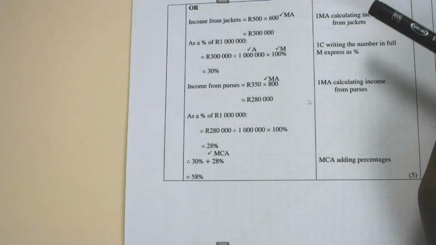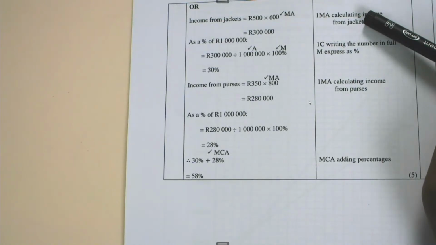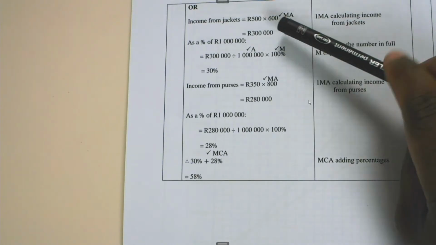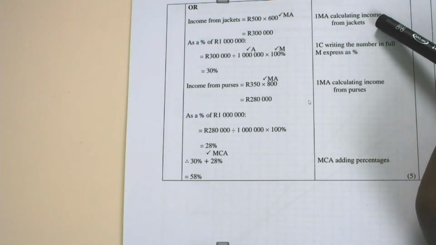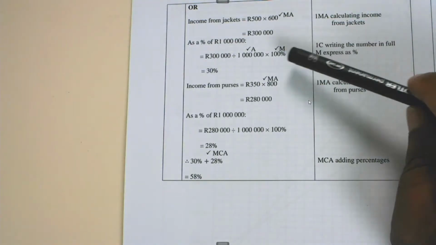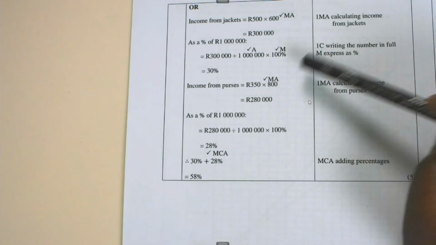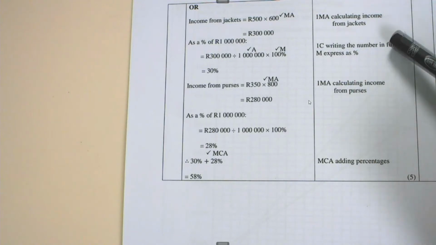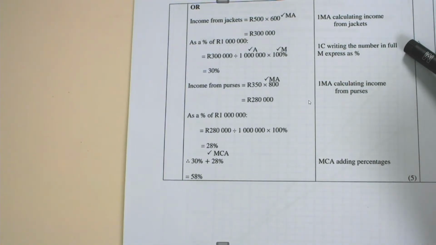Now let's look at the marking. The marking will be the allocation of marks. It will be MA for multiplying 500 by 600. And then another mark is where you give for writing the number in full.